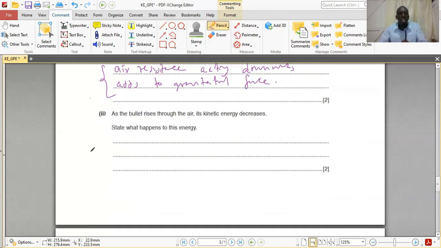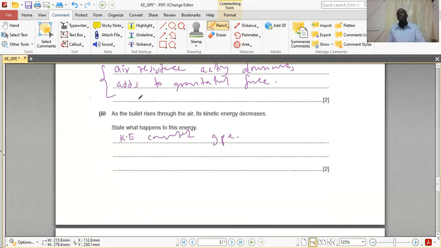Roman 2, as the bullet rises through the air, its kinetic energy decreases. Why does the kinetic energy decrease? One, kinetic energy decreases because it is converted to gravitational potential energy.